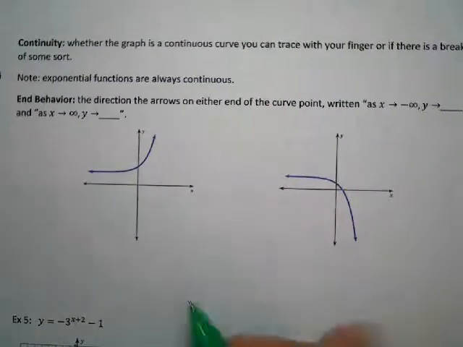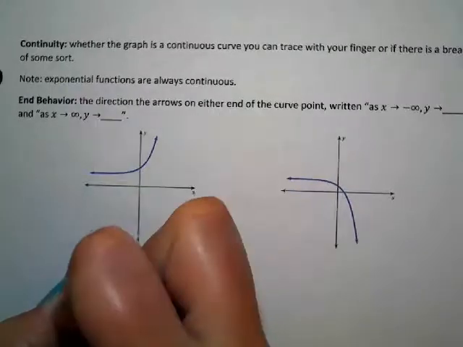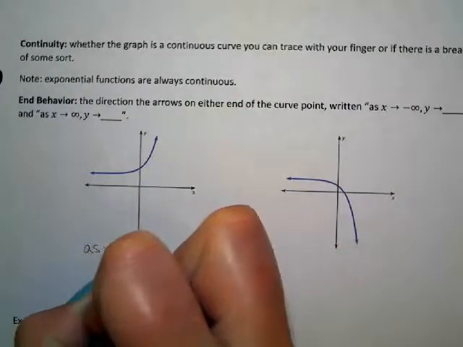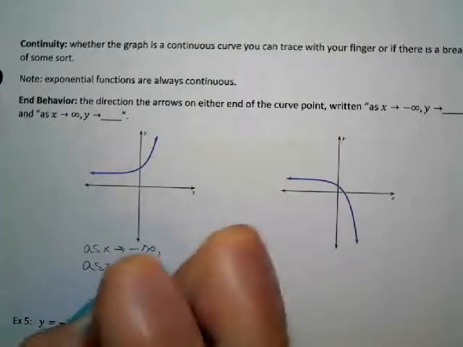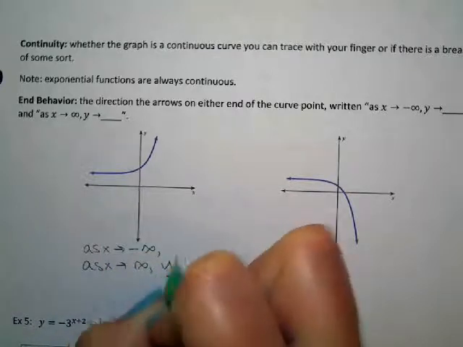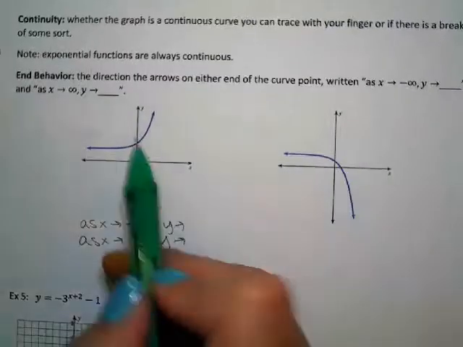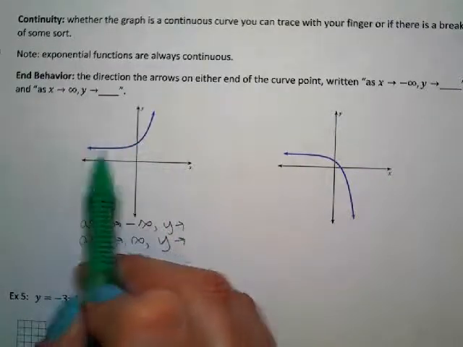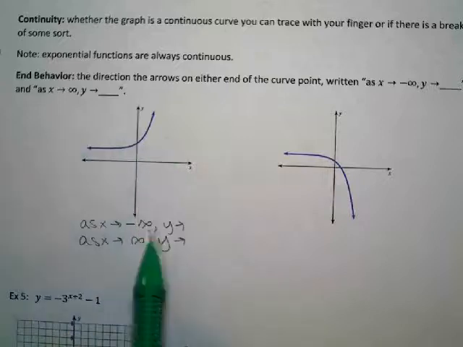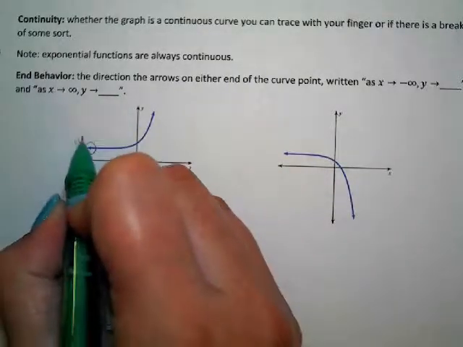functions. So here, we're going to say as x goes to the left, so as we look at that left arrow, as we look at that right arrow, this is going to feel very similar to rational, but slightly different. So for this one, as we look at the left arrow, we can see that the left arrow would be approaching that horizontal asymptote, which we know is the k value.